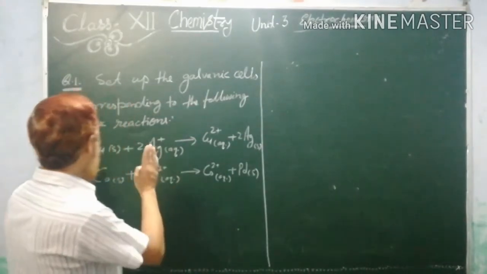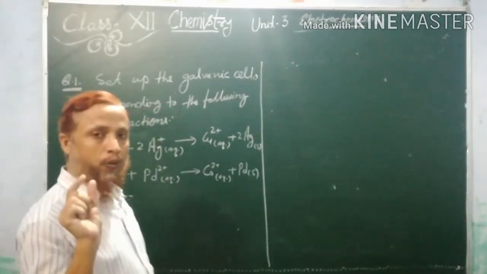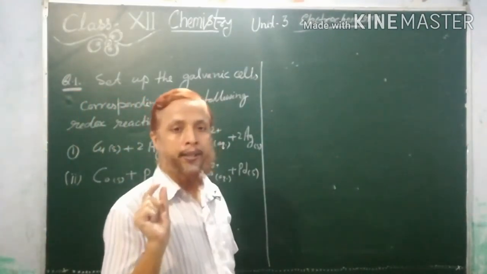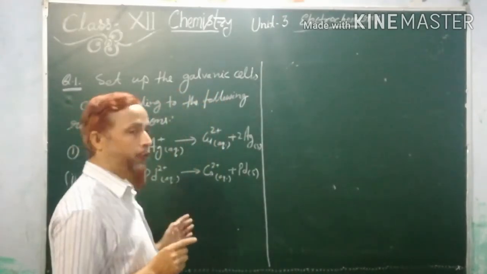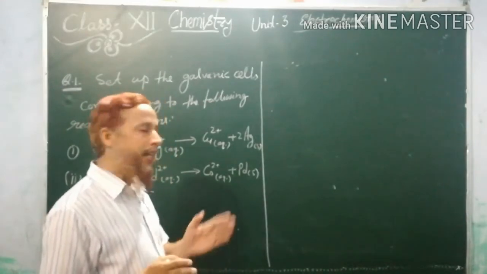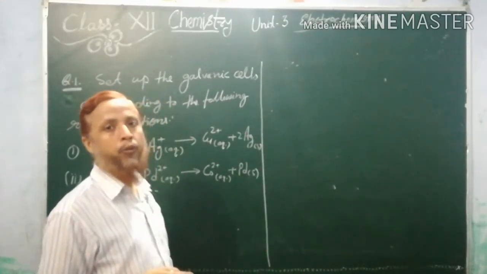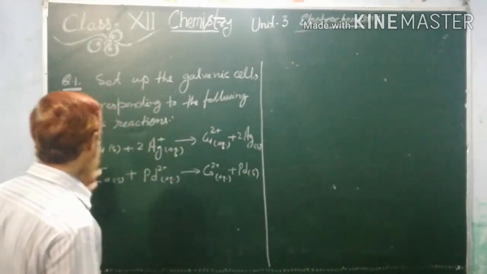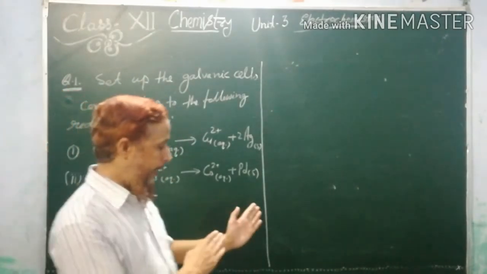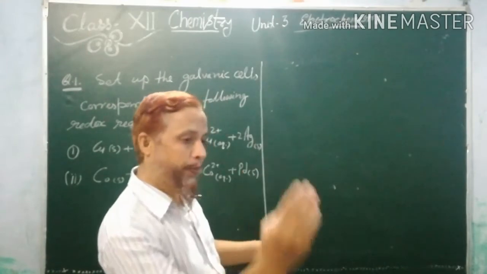Before representing the cell, two things you have to recognize. In this redox reaction, which reaction is oxidation and which is reduction, you have to recognize, and it is very simple. Always remember, at the anode, metal changes into metal ion.